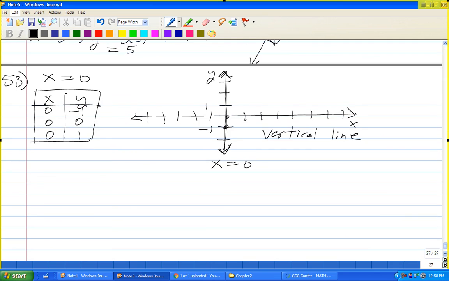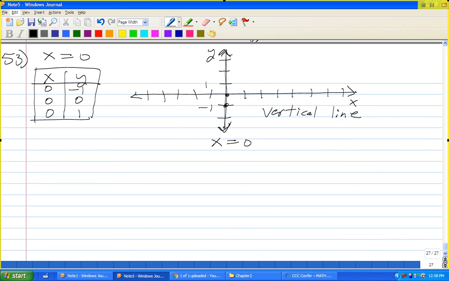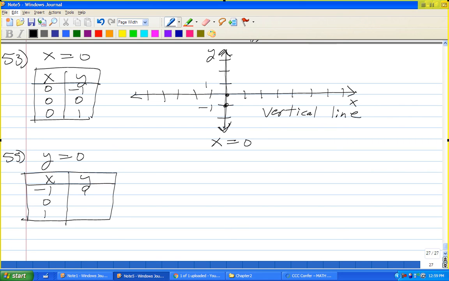Lastly, then we do problem 55. y equals 0. So for x, let's just do negative 1, 0, 1. The y values are always 0. Let's sketch the graph of this.